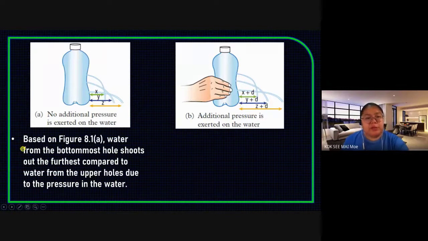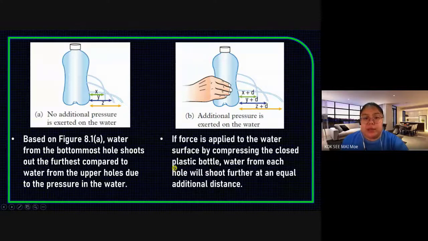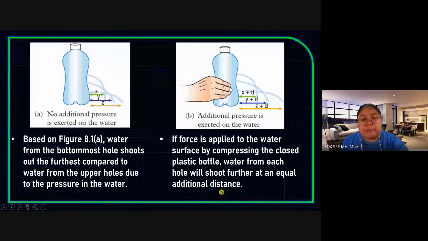Based on the first figure, water flows from the bottommost hole and shoots out the furthest. The bottom one is the furthest compared to the water from the upper holes. Then for B, if you apply force to the water surface by compressing the closed plastic bottle, the water from every hole will shoot out, but now further, at an equal additional distance. Every addition must be equal.